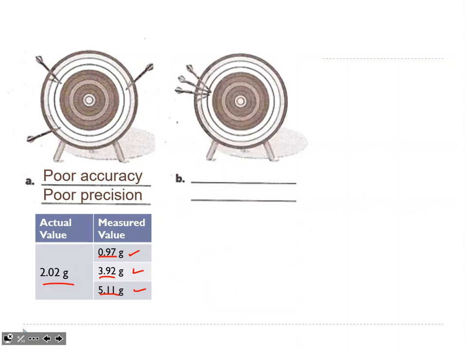Now looking at the next target. What would we say about this target? Poor accuracy, because we're definitely not hitting the center. But are we at least hitting the same place each time? Yes. Same spot means the precision is high, because you keep hitting that same spot.